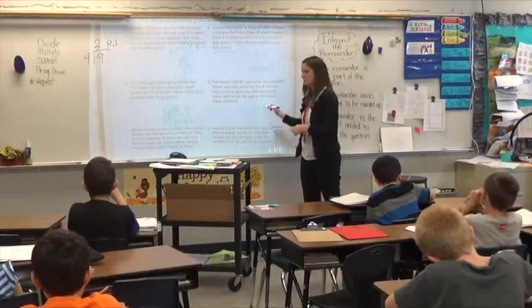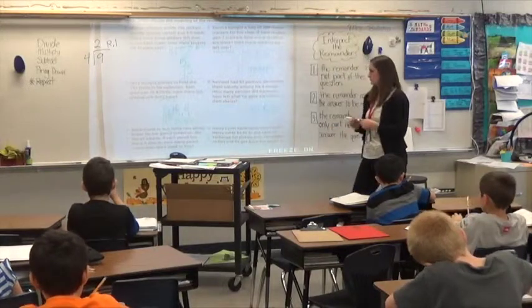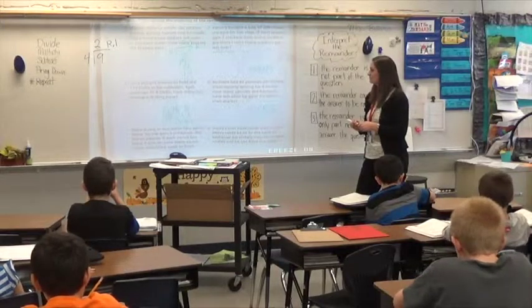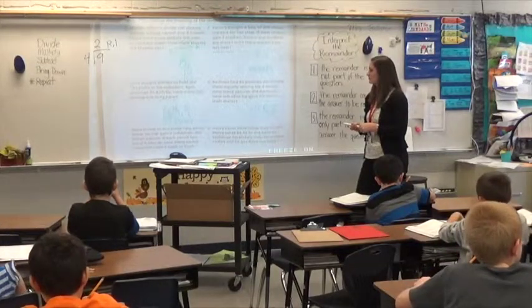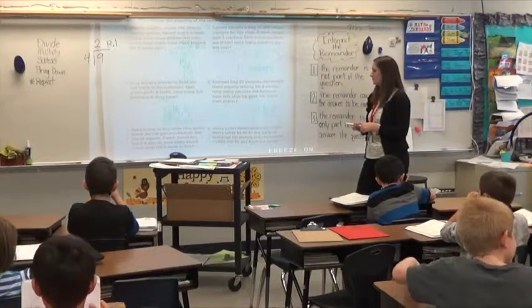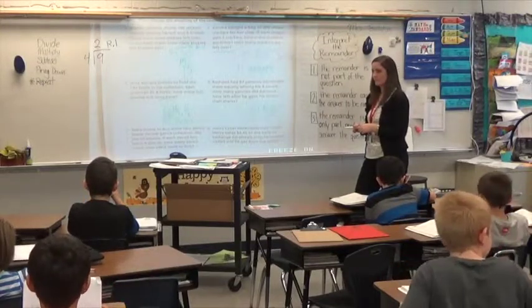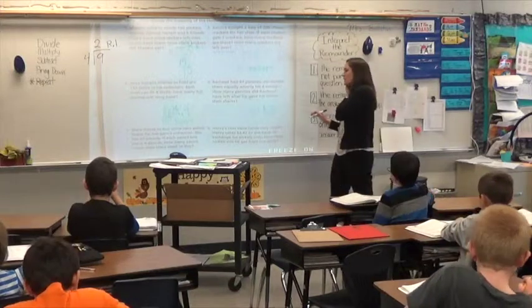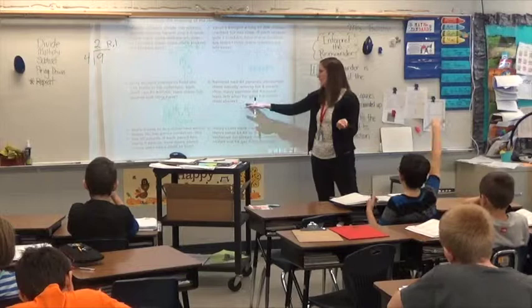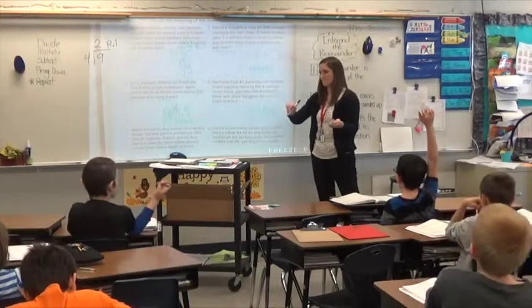How many pennies did Rashid have left after he gave his sister their share? So which number do we need? What would our answer be to that? You would need the 3.